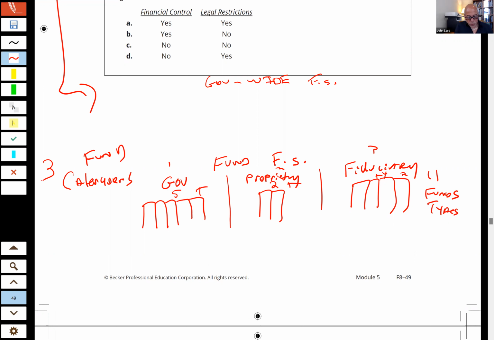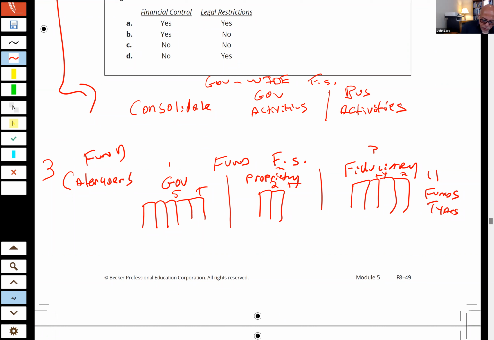Okay, now, when we look at this, what the government will do is they will report all that fund level activity, but then they will go ahead and consolidate that information at the government-wide level. So you'll see something called governmental activities. You'll see something called business activities.